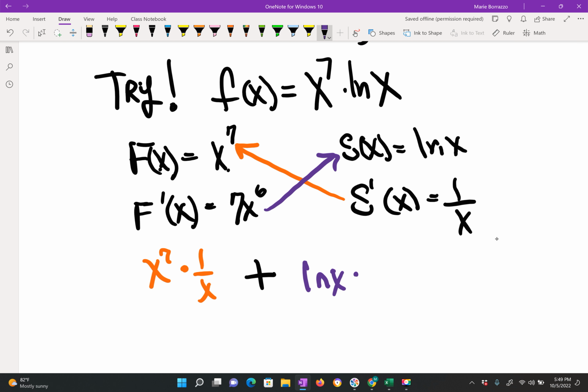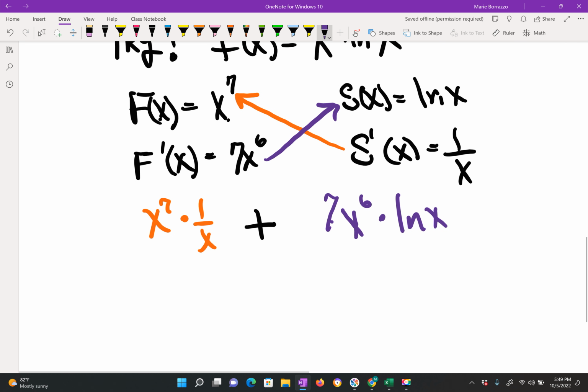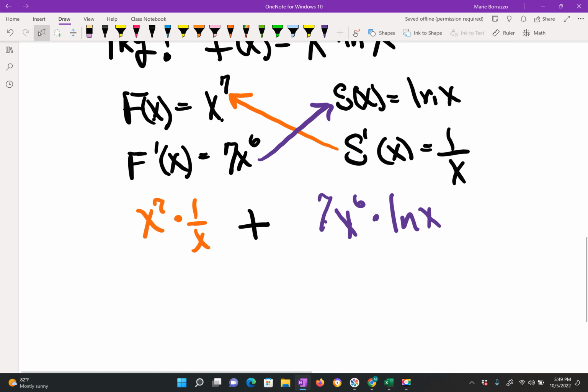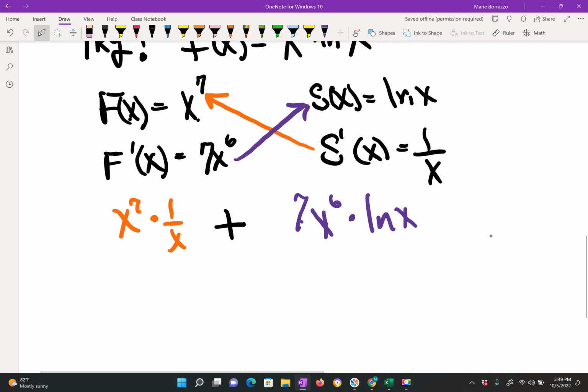I don't really like doing it that way. Let me just do it this way. So we're going to do 7x to the 6 times natural log x. That helps a little bit. All right, and so now this reduces to x to the 6. This is just x to the 6.